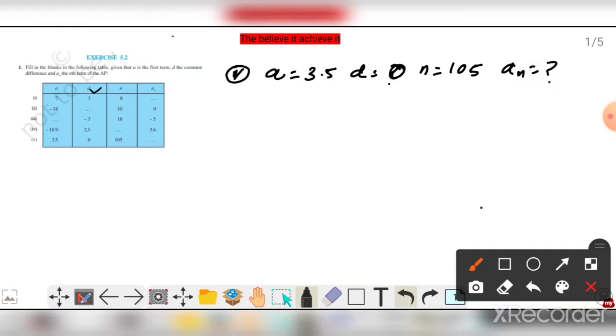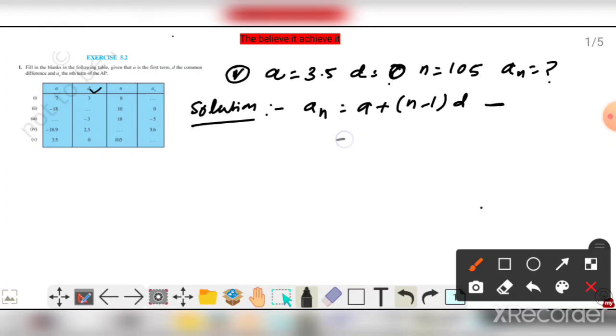Okay, so again we'll go through the formula. Finding An equals A plus n minus 1 into d. This formula we have proven in previous videos, you can go through that. So here we'll put the values. An we have to find out.